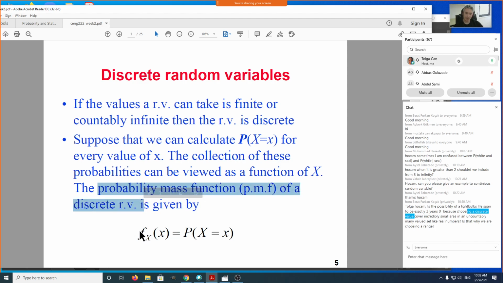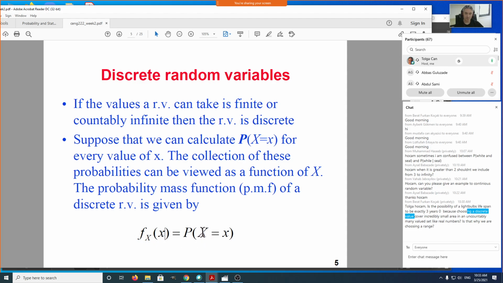It's indicated by a lowercase letter f, which is sometimes subscripted by the random variable label. This probability mass function directly gives us the probability. The domain is the values the random variable can take, for example 0, 1, 2, 3.